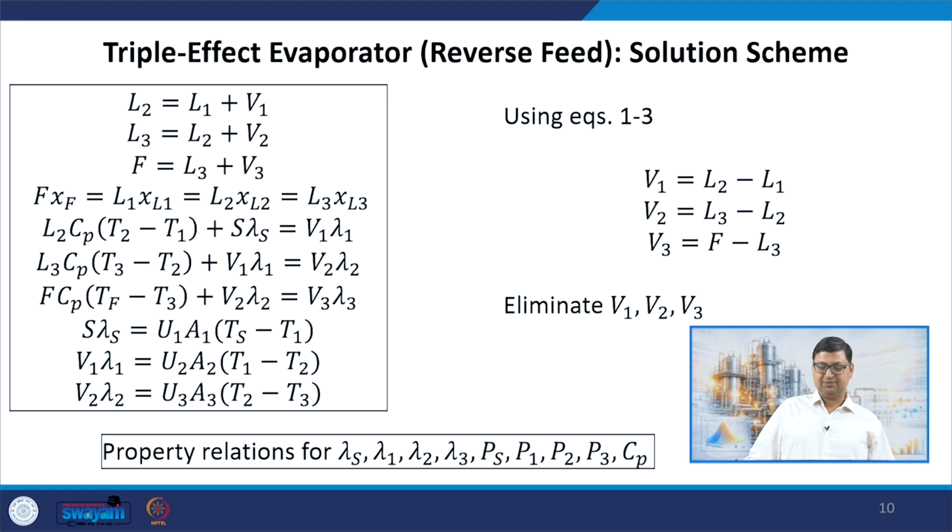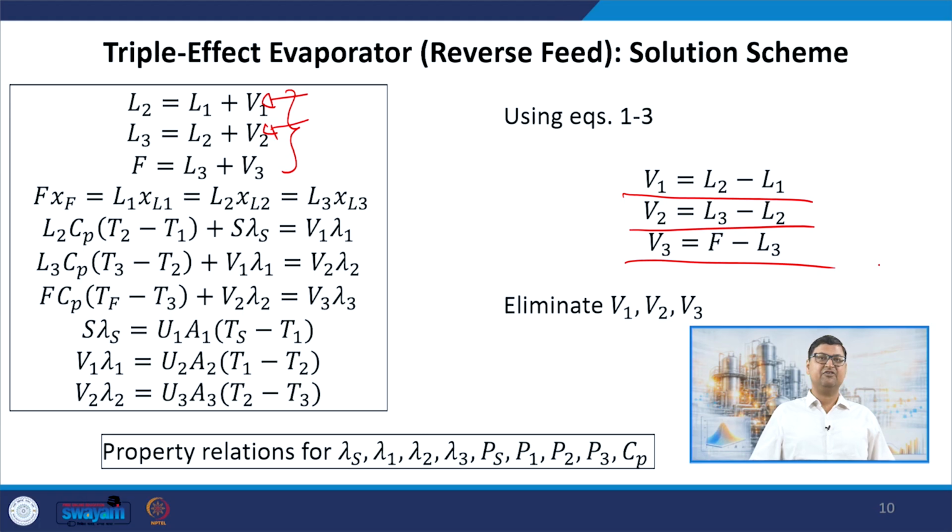How can we solve it? I can again do the same thing. I can eliminate the vapor flow rates from the overall mass balance equations. So, I can replace V1 by L2 minus L1 from the first equation, V2 by L3 minus L2 from the second equation, and V3 by F minus L3 from the third equation.